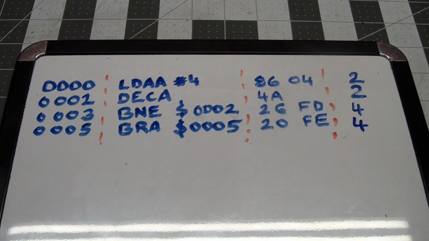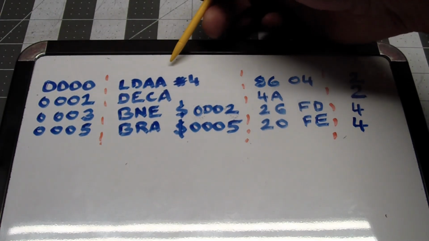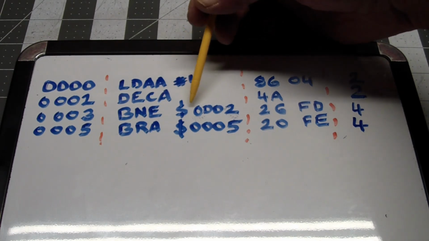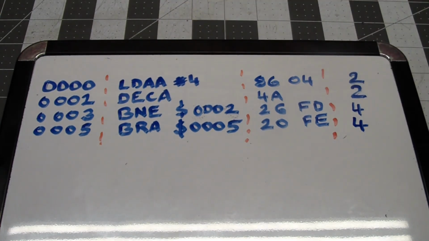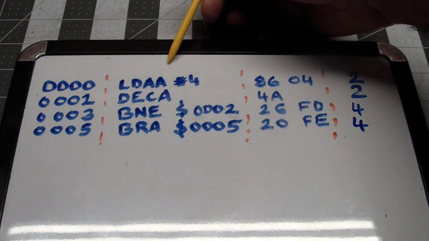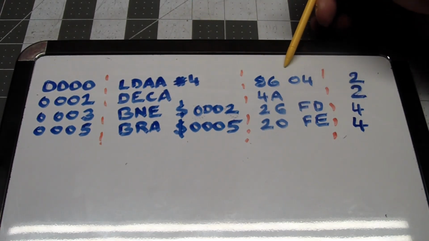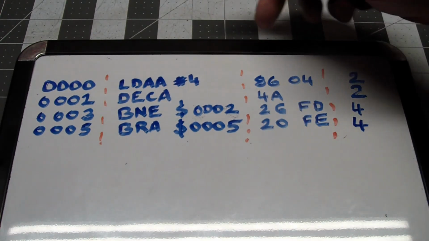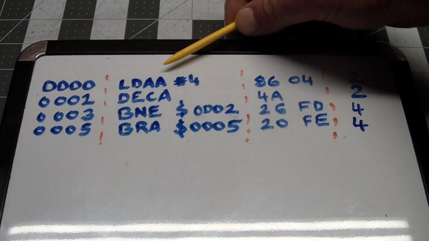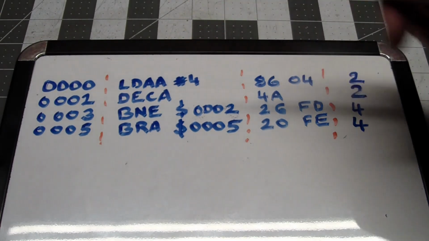Assembly language is used to actually write the programs, to make it a little bit more human readable, but the CPU can't do anything with this. I mean, if we dumped all these ASCII characters into the CPU, it wouldn't do a whole lot. So what we need for the CPU to work is the actual machine language. So this is the machine language that this assembly language would generate.